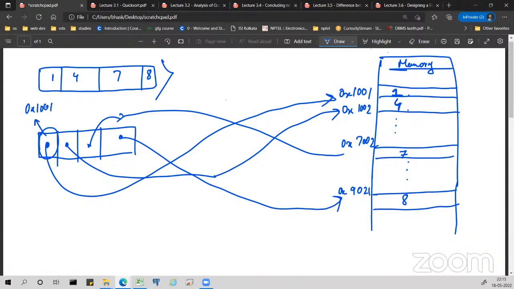So whenever you write L of 0, what Python would do is go into the first cell, see what the memory reference is, go to that memory reference at 1001, fetch the value stored over there and give it to you.